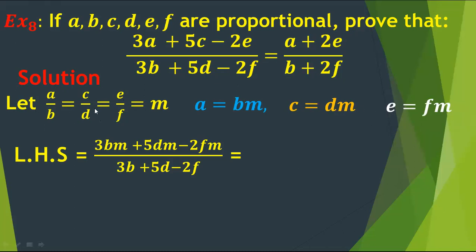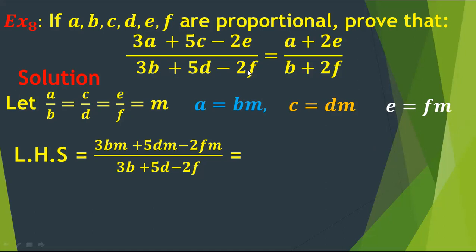If we write the first step right, we will prove the left hand side equals the right hand side. Write left hand side and substitute: cancel A and put BM, cancel C, put DM, cancel E, put FM, divided by 3B plus 5D minus 2F.